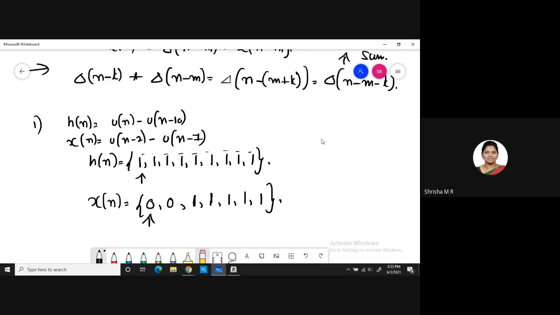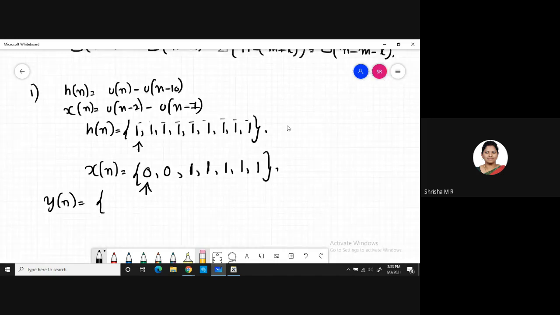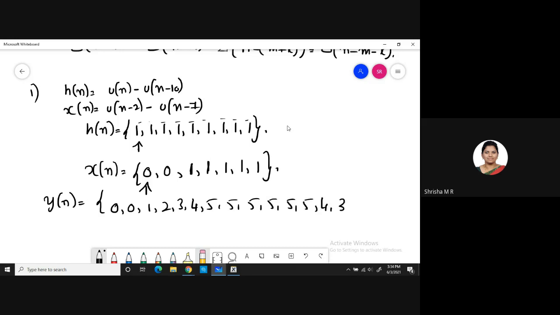Can you tell me the sequence y of n? 0, 0, 1, 2, 3, 4, followed by 6 fives, then 4, 3, 2, 1. Yeah, correct.